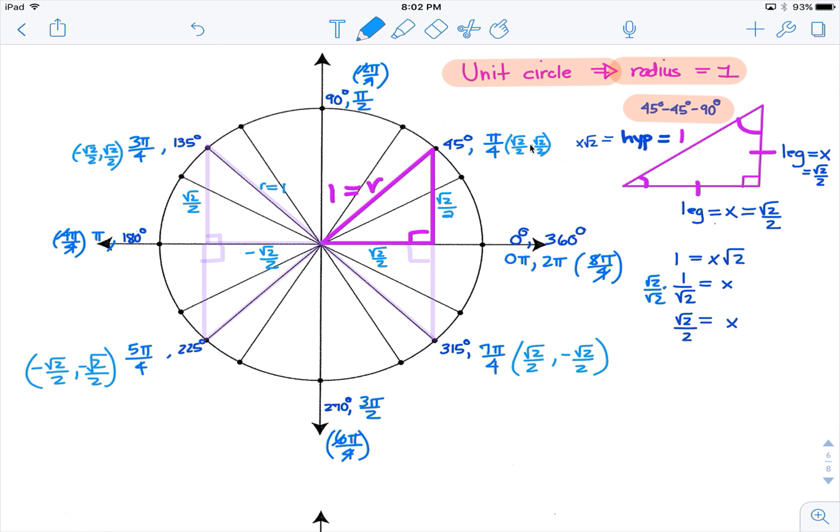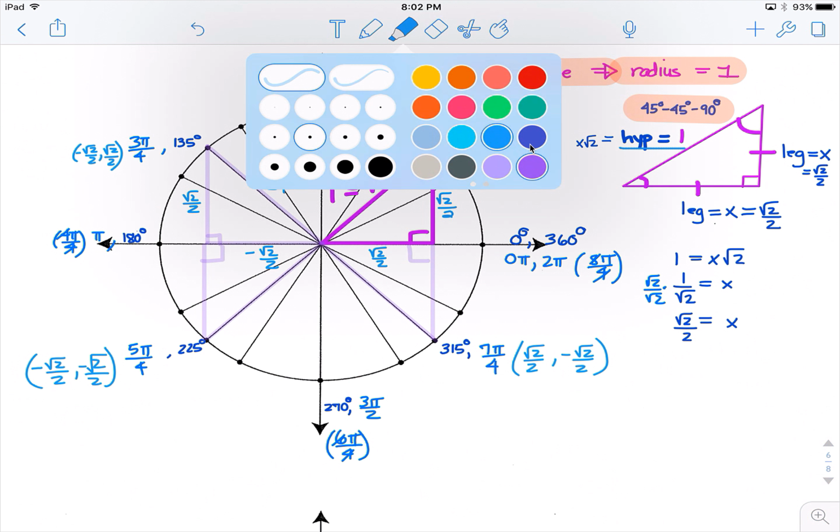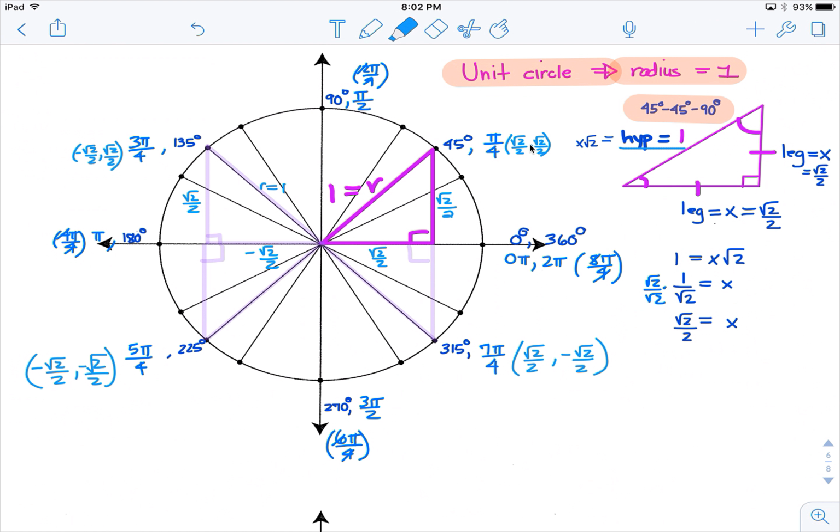Okay, so what we've done is we've taken the special right triangle rules for 45, 45, 90 degrees. We started with a hypotenuse that was equal to 1 and worked backwards to find the length of the legs. So the legs would be equal to root 2 over 2.